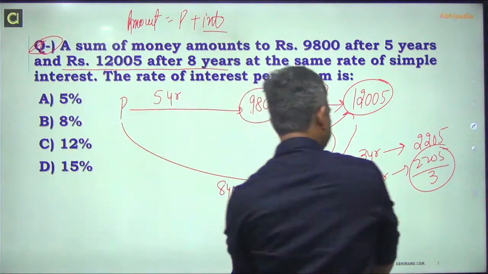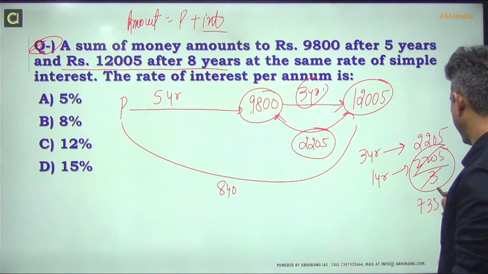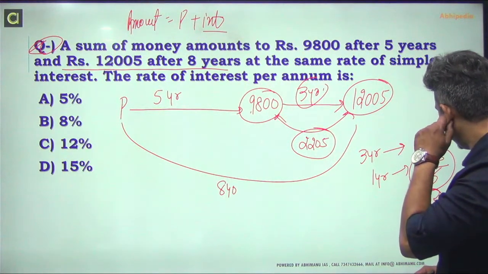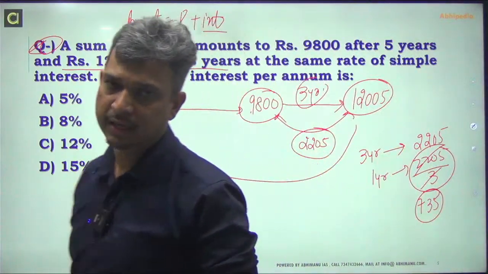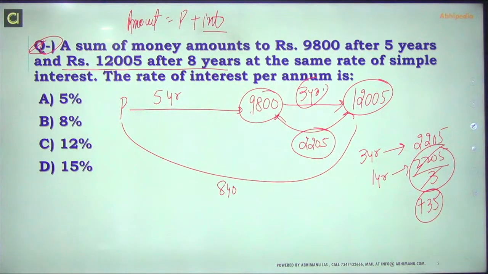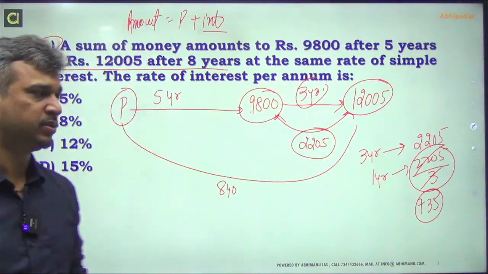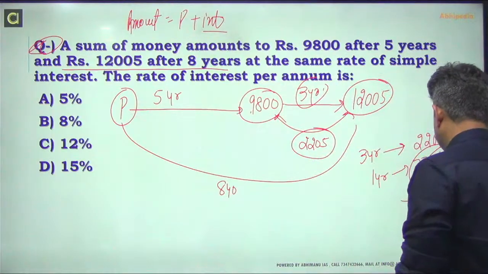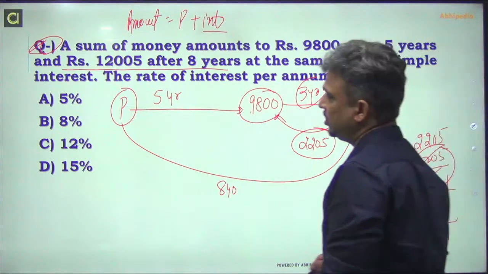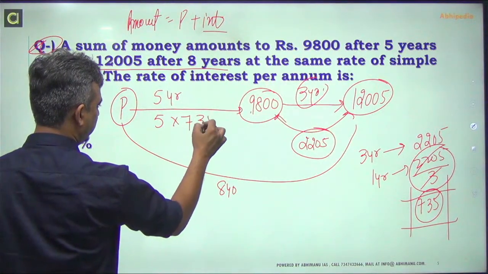So in 1 year, we are getting 735 rupees. Firstly, we have to find the value of the principal, because without finding the principal, you can't find the rate of interest. So if in 1 year you are getting 735 rupees as interest, in 5 years you are getting 5 times 735.